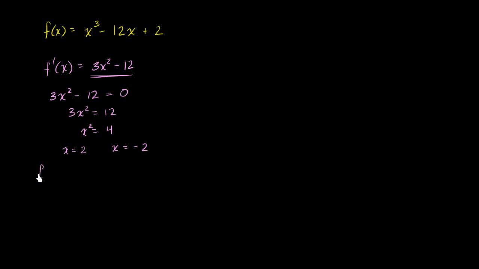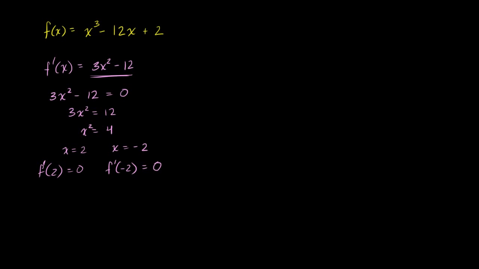Just to be clear, f prime of 2, you get 3 times 4 minus 12, which is equal to 0. And f prime of negative 2 is also, same exact reason, equal to 0.